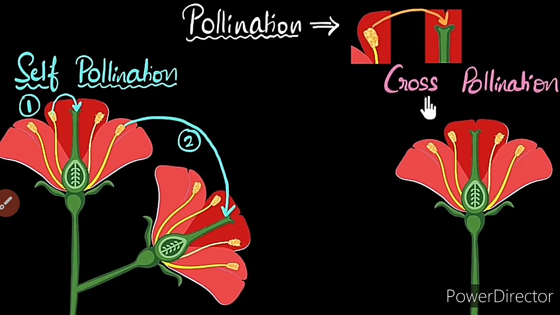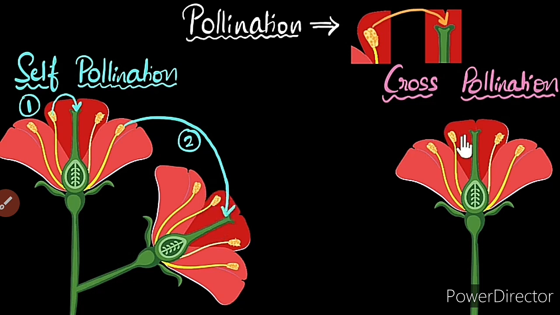Then next is cross pollination. Cross pollination is the transfer of pollen grain from one flower to a flower of a different plant or a different tree.